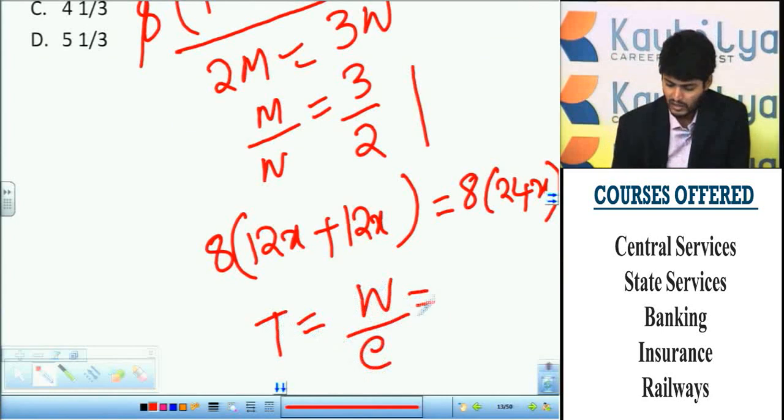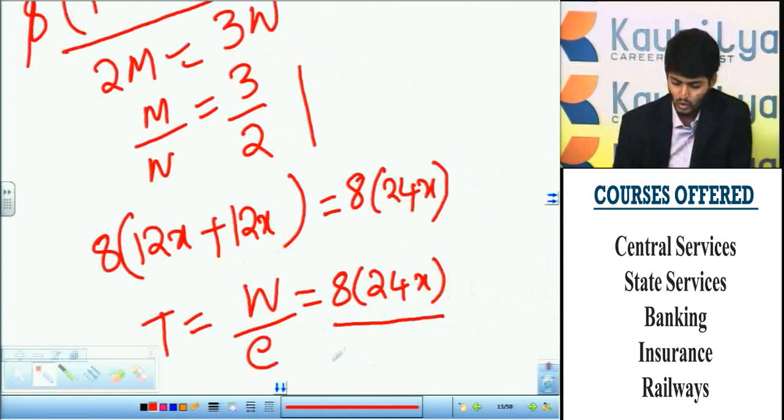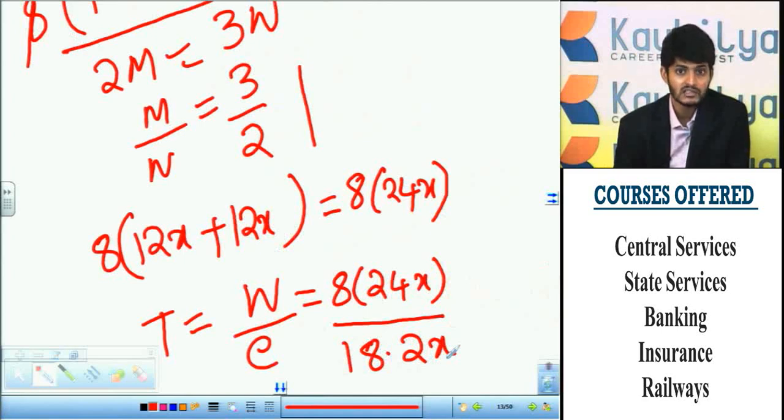The total work I have to do is given above, which is 8 into 24x. The number of women that I have at my disposal are 18 women. Each one's efficiency is 2x. So number of women are 18 and each one's efficiency is 2x. So this will give you the total time taken by 18 women to complete the same work.